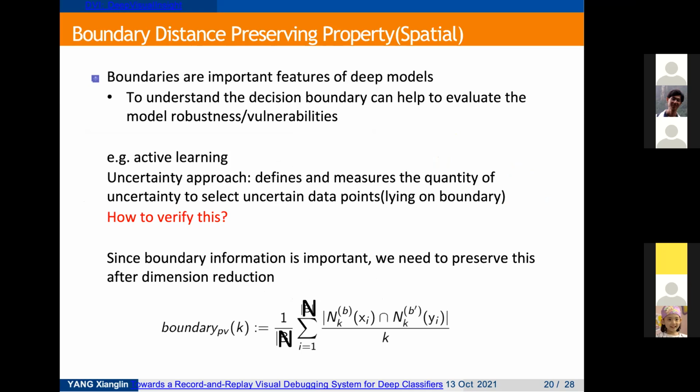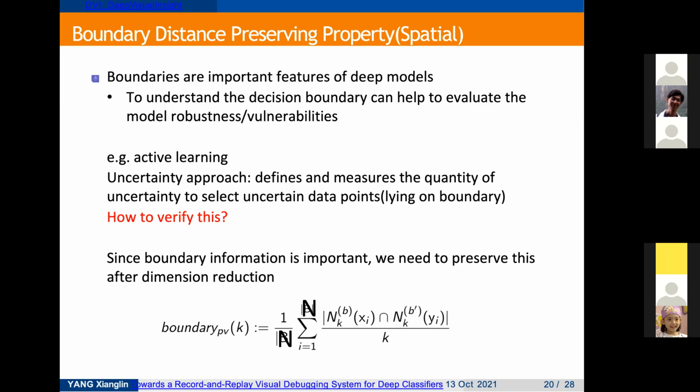The second property is the boundary distance preserving property. We know that boundaries are very important features of deep models. Actually, there is more and more research work that aims to analyze the decision boundary of deep models. Understanding the boundaries can help to evaluate model robustness and model vulnerabilities.